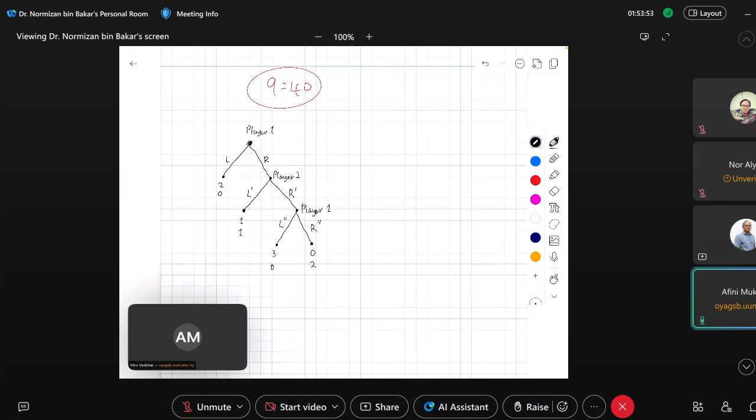Okay. If at level 1, player 1 should choose L, because he will get 2. And then the game ends. Okay, so that is your answer. So how about others? How about Safika? What is your answer?